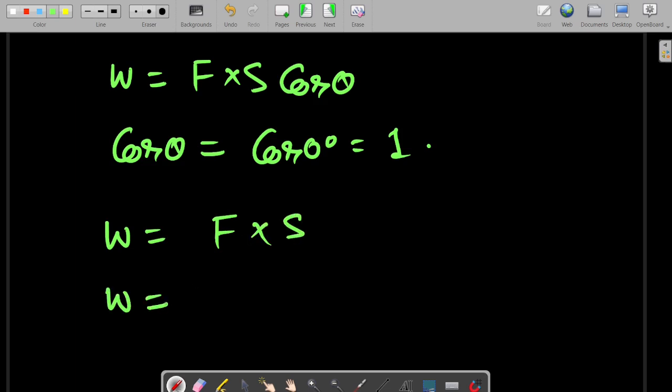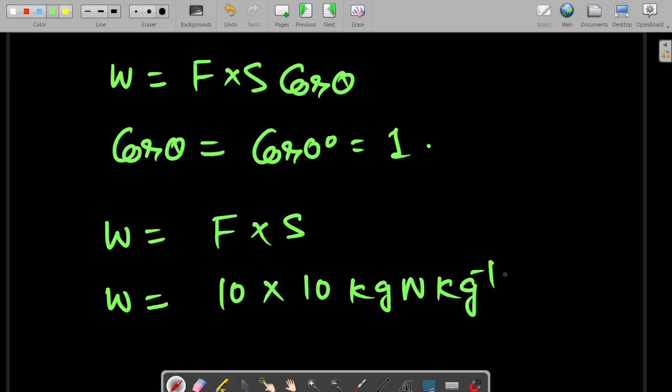So W, force is 10, mass is 10 kg, and your acceleration due to gravity is also 10 Newton per kg, into displacement, that is 0.5 meter.